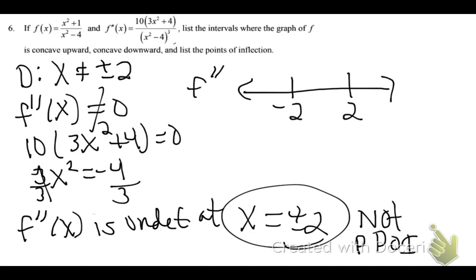So this is a second derivative analysis. Let's plug in something between negative infinity and negative 2. Let's just do negative 3, into our second derivative.